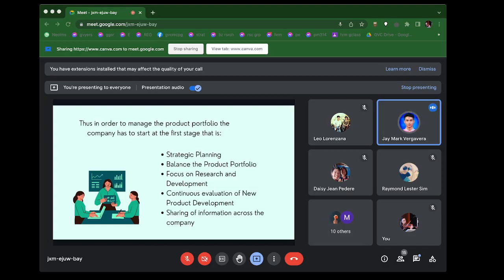And then fourth is the continuous evaluation of new product development. Every new product being developed must be evaluated at each stage of development in terms of cost consumed and incurred, and ability to meet business and financial goals. The products that do not meet the necessary requirements must be rejected, even though the company may have spent some resources on it.